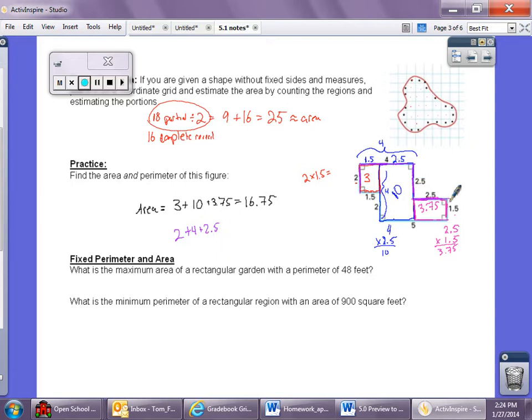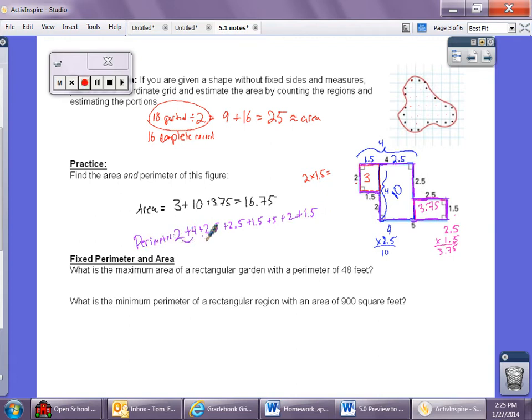This region is 2.5 plus 2.5. Then 1.5 plus 5 plus 2 plus 1.5. So this is the perimeter. We add up the entire outside.